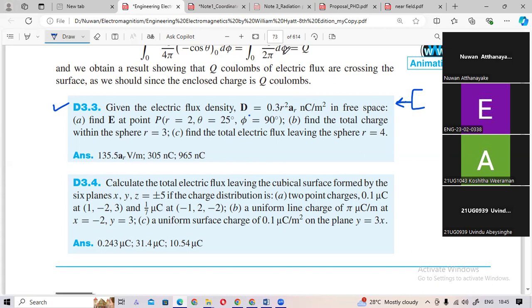What is the coordinate system? You can hear me, no?